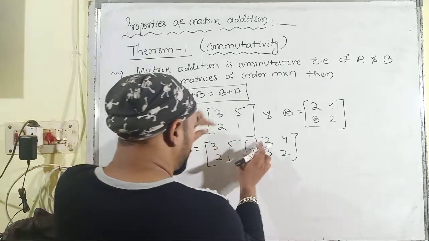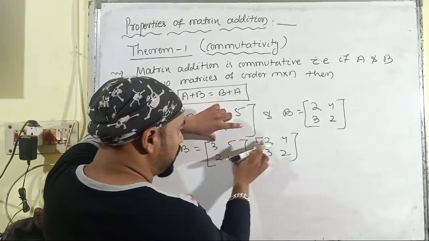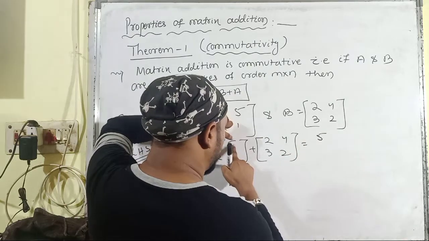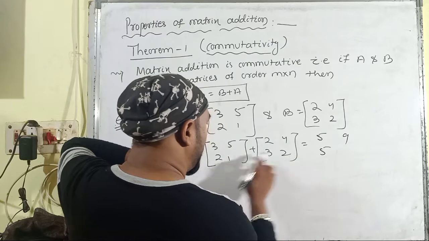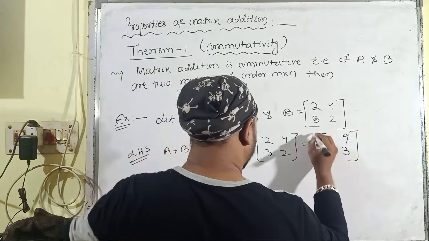So 3 plus 2, because the corresponding element of 3 is 2, it is 5, then 5 plus 4 is 9, then 2 plus 3 is 5, 1 plus 2 is 3.